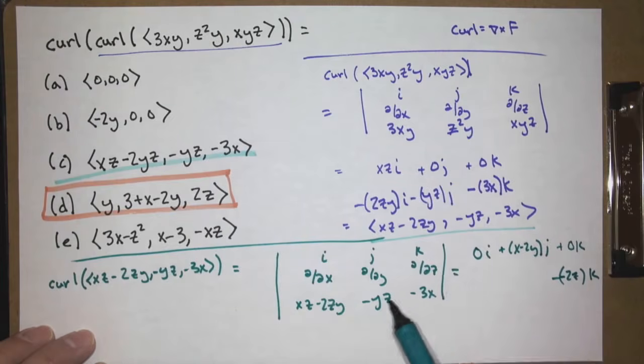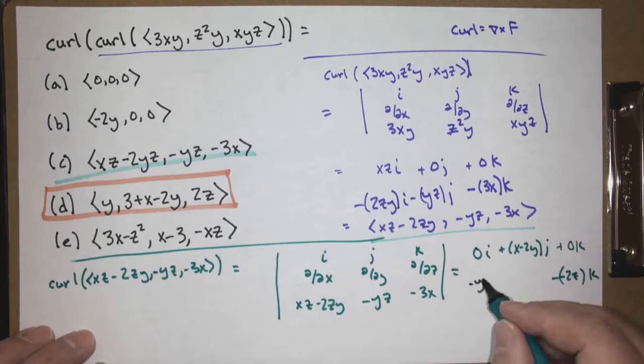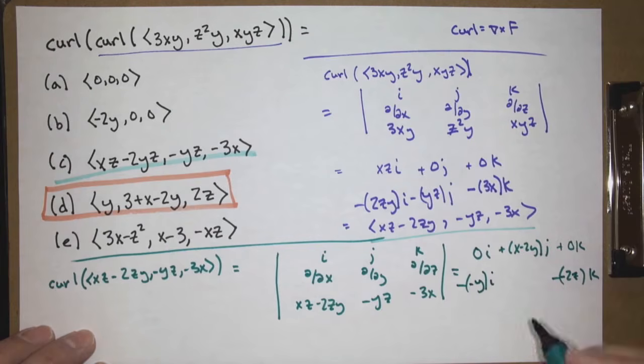Next diagonal, we're going to take partial z of minus yz. So that's going to be minus y, but we're going to subtract it. Then the last one, we're going to get partial x of minus 3x, and that's a minus 3, but we subtract that and put it all together. 0 minus minus y is plus y.